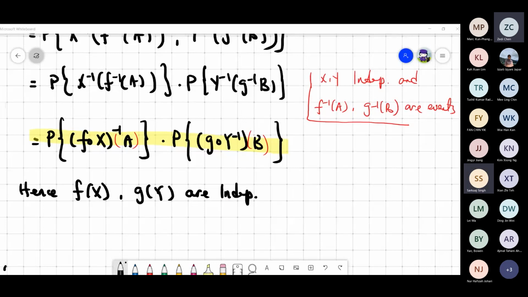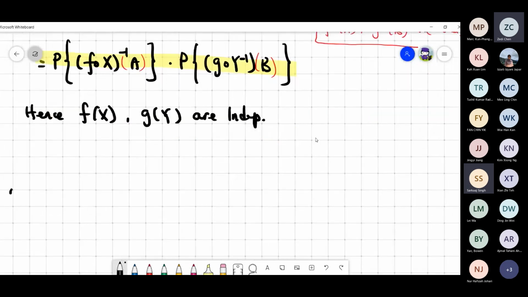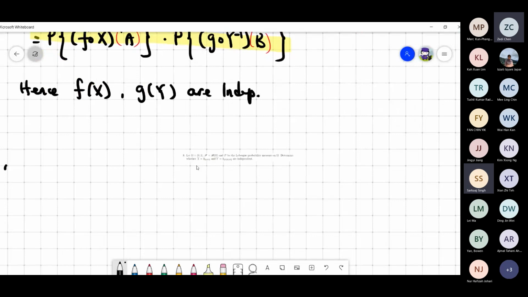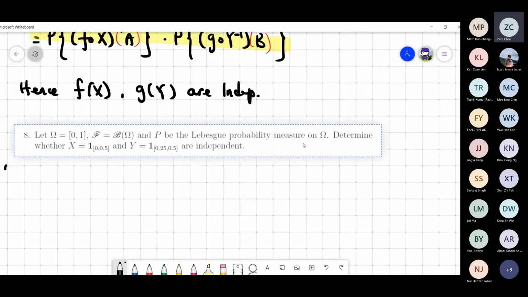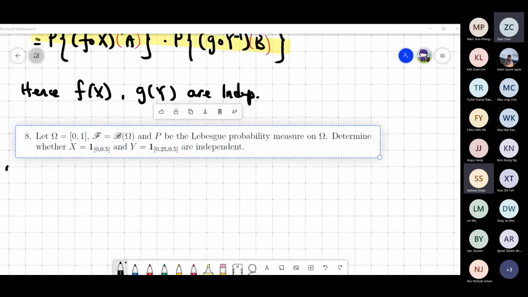Like in number 6, when we show that x and y are independent, any function of x and y are also independent. Can we say the opposite? Let me see what the answer is first. The answer is no.